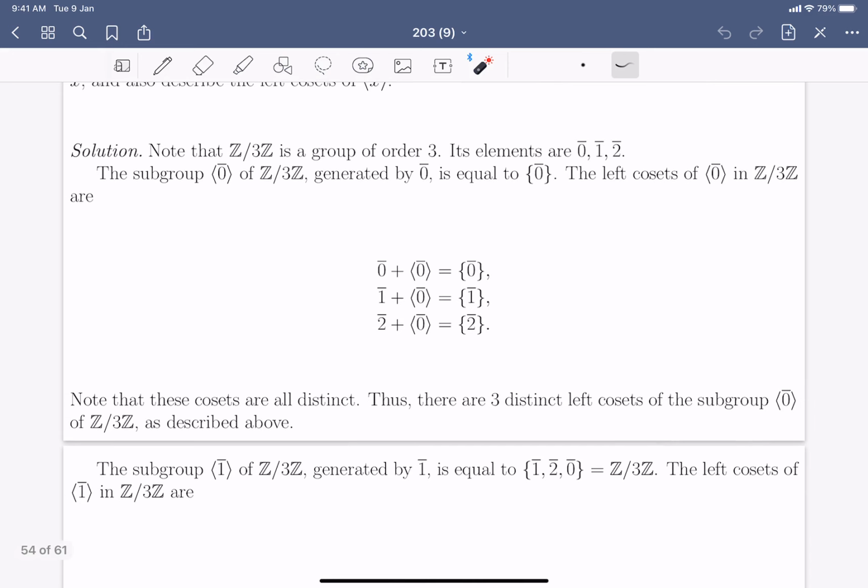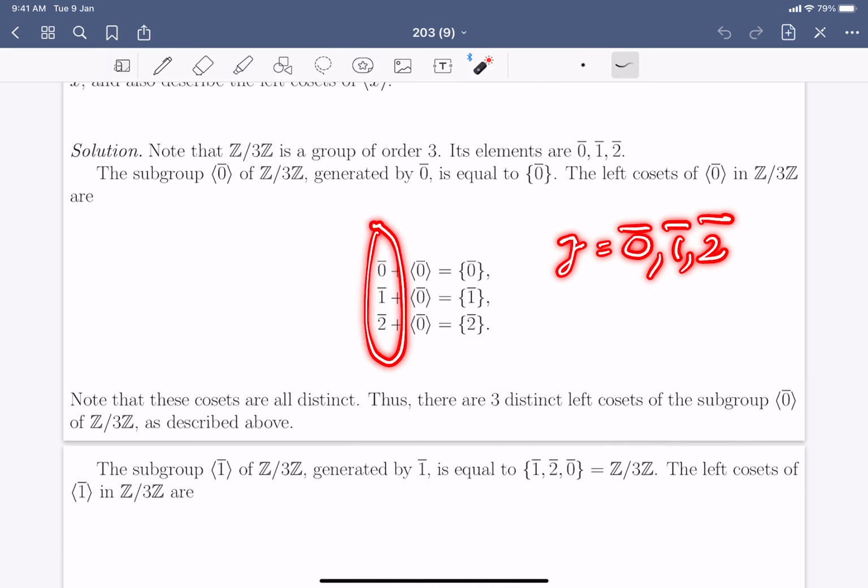So you need to understand what g plus h is here. What are the choices for little g? It could be 0 bar, 1 bar, or 2 bar. Here I have written all the choices for little g, and then you add h to that.